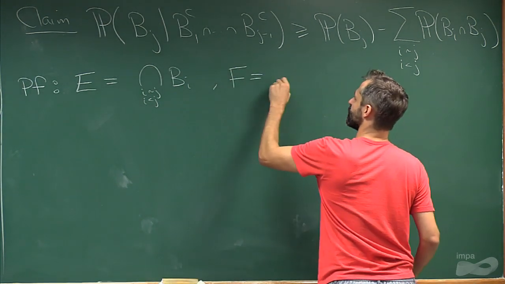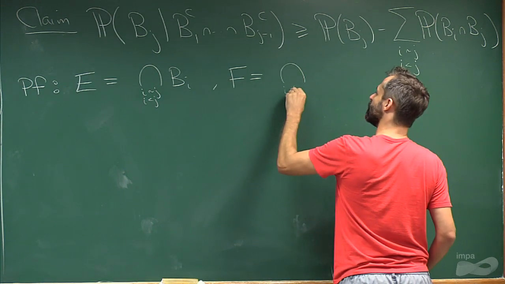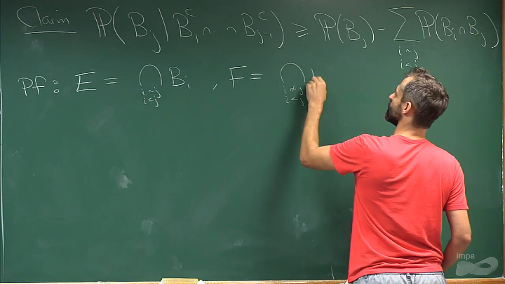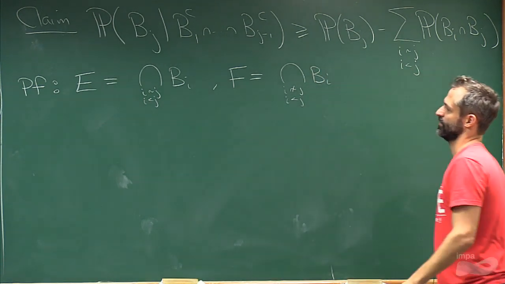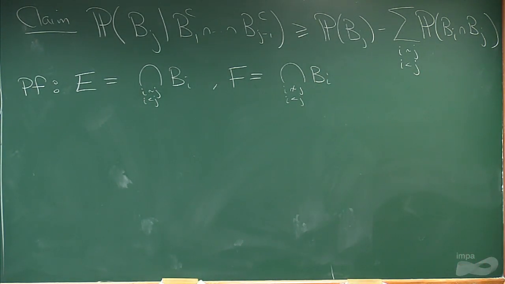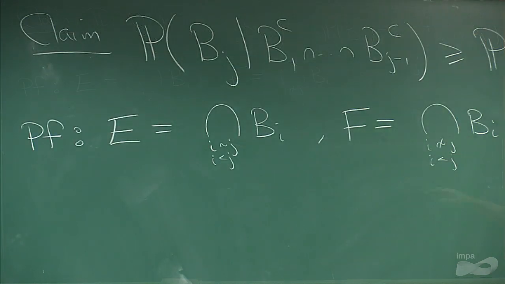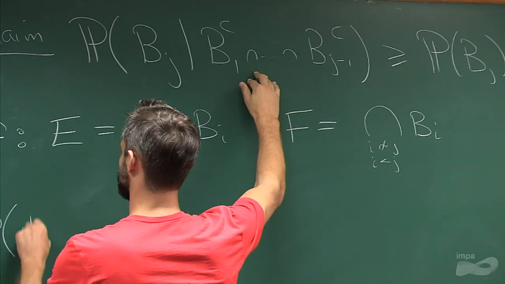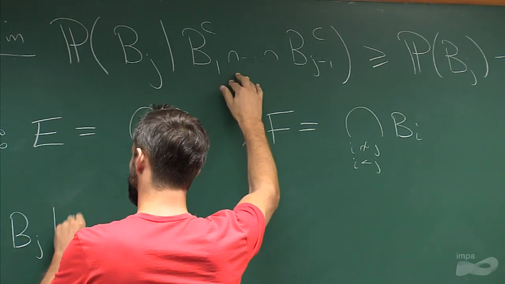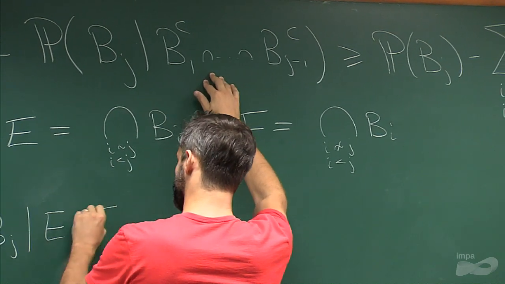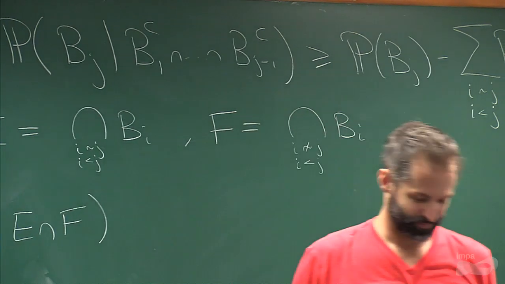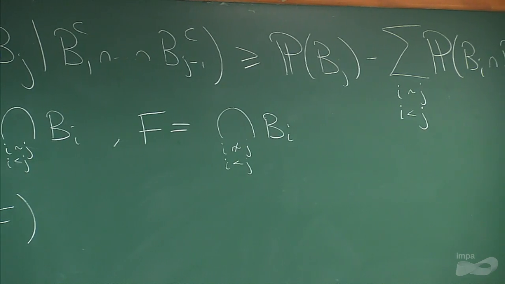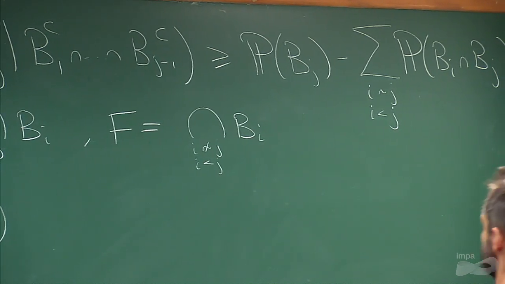Let F be the intersection over i not tilde j, i less than j, of Bi. Okay, so just notation. So this thing is now the probability of Bj given E and F. Okay. We want a lower bound.